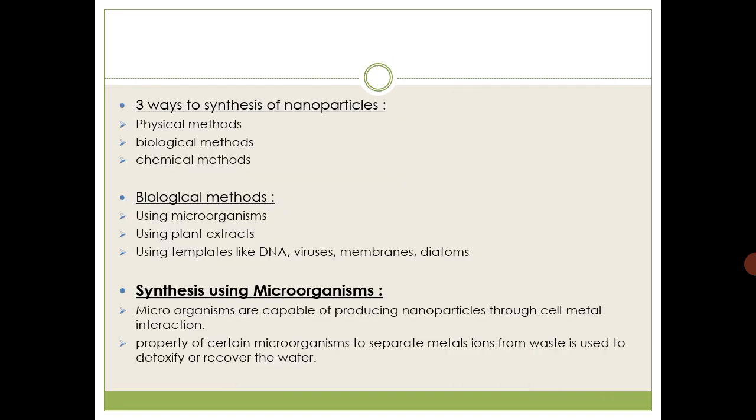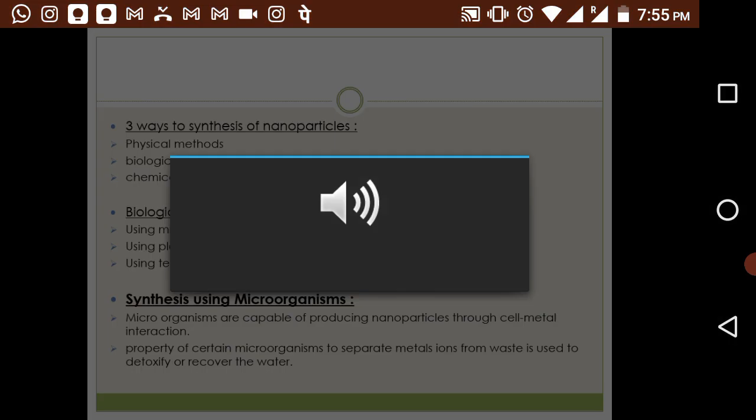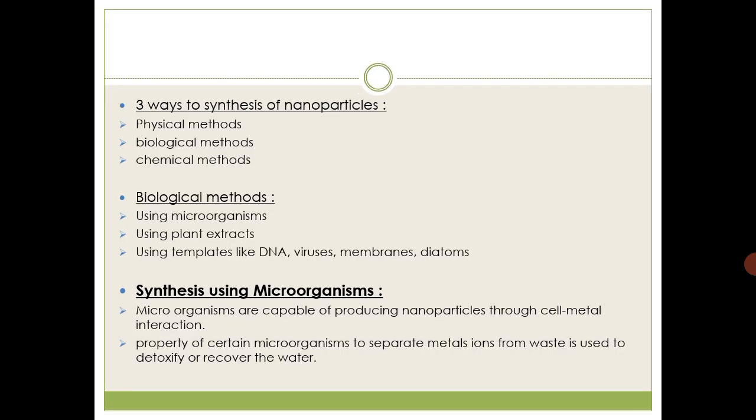Now we will see the synthesis of these nanoparticles. There are three main ways to synthesize nanoparticles: the physical method, the biological method, and the chemical method. Physical methods means with manual practices, with man-made machines or man-made processes.